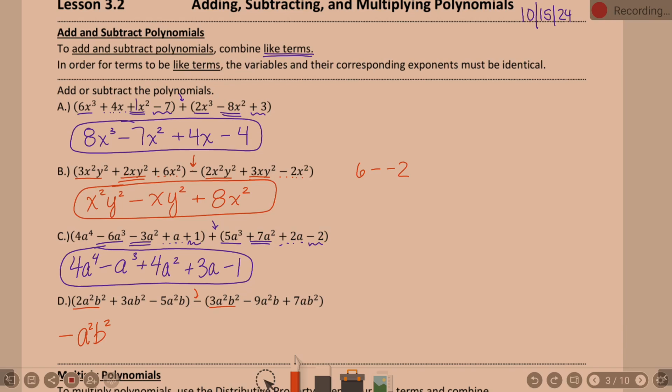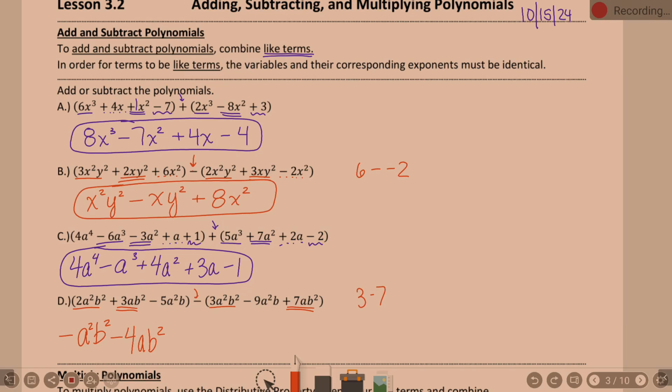He says AB squared. Okay. So what goes with 3AB squared? 7AB squared. And what are we doing with this 3 and this 7? We are subtracting. So what are we going to get? Good. Minus 4AB squared.